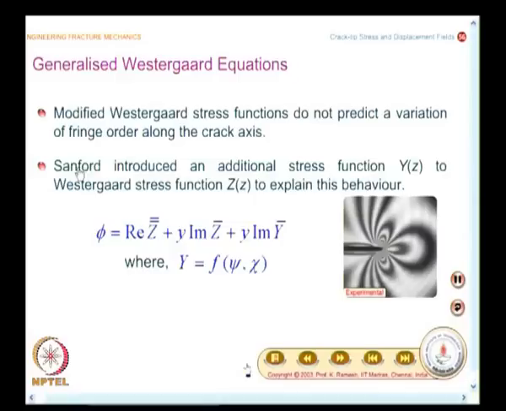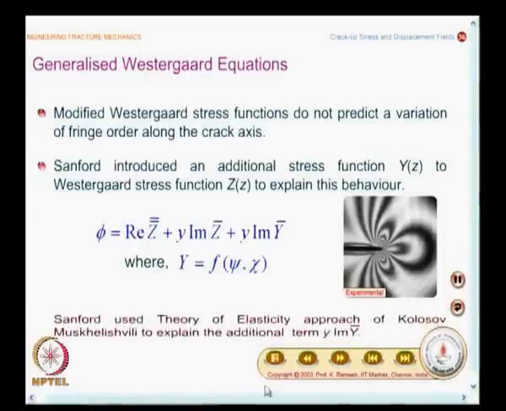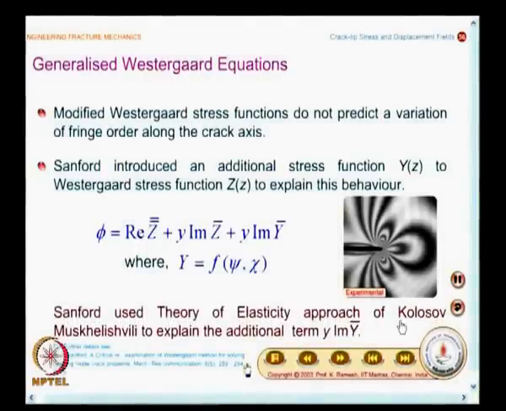And what Sanford did was, in theory of elasticity, you have a very famous approach known as Kolosov-Muskhelishvili approach for solving problems using complex variables. So, he used this approach to explain the additional term y imaginary part of y bar.